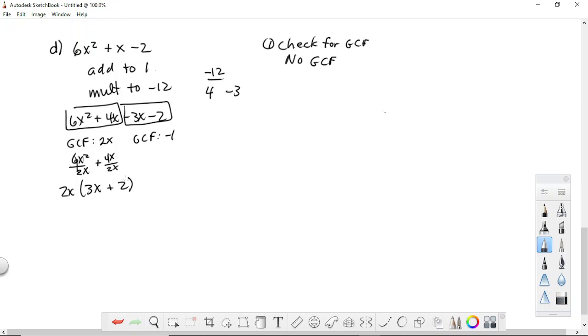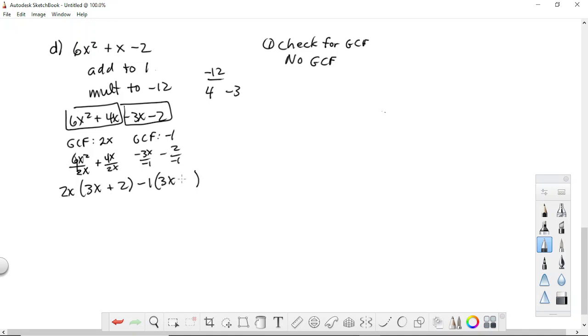Okay. So over here, we're going to have a negative 1 that we factored out, and we're going to have to fill in what goes here. So that's negative 3x divided by negative 1 minus 2 divided by negative 1. And so negative 3x divided by negative 1 is 3x.